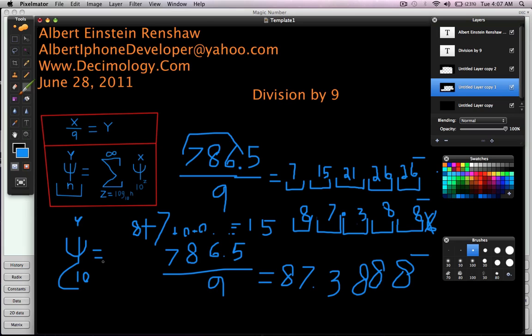So the tens digit place of the answer, which is y, right, should be 15. And if we go back to the tens digit place, which is right here, it's 15. So that does work. You might be like, well, why isn't it 7?